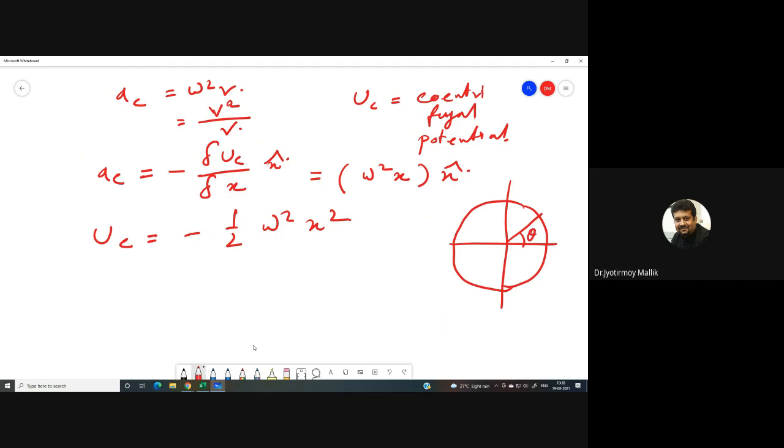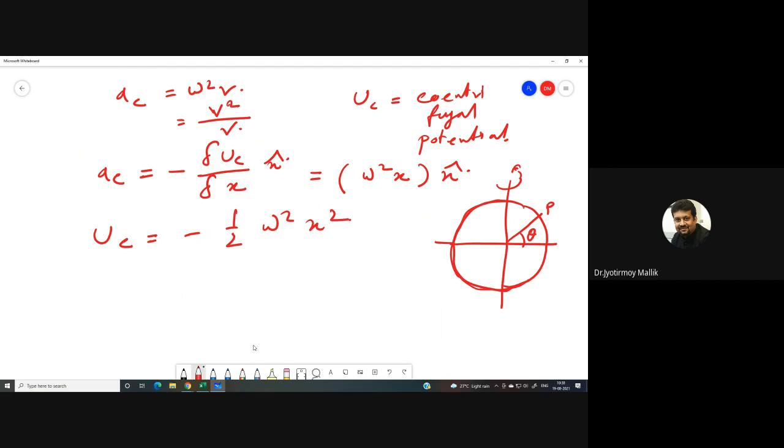Suppose, for example, I now consider that this is the Earth, and the Earth is also rotating around its own axis, right?